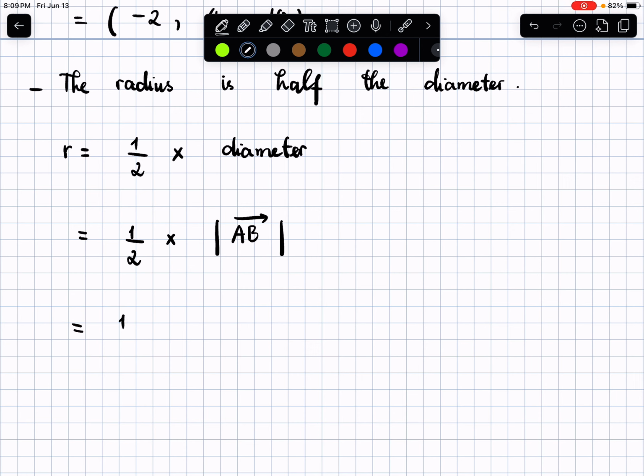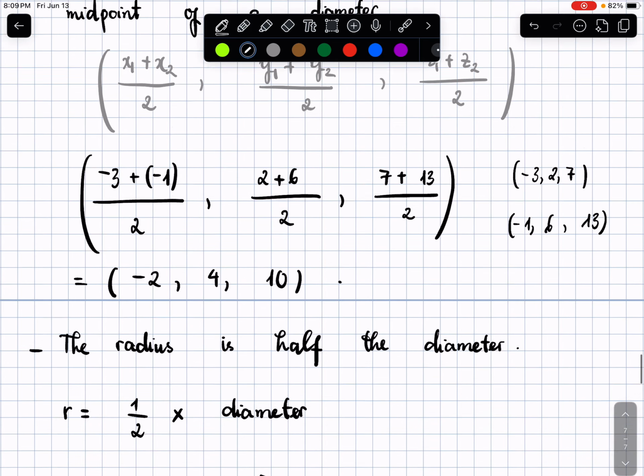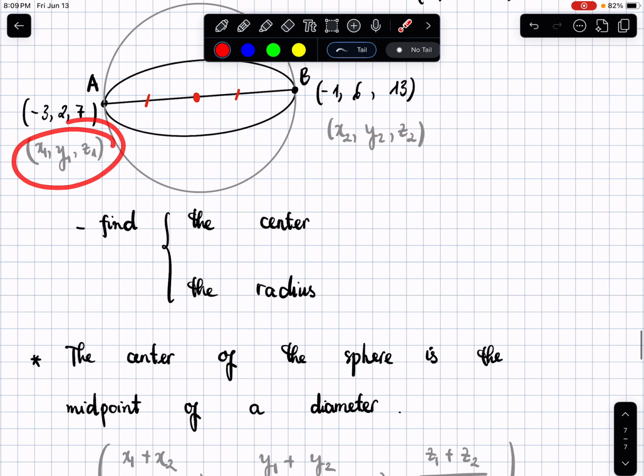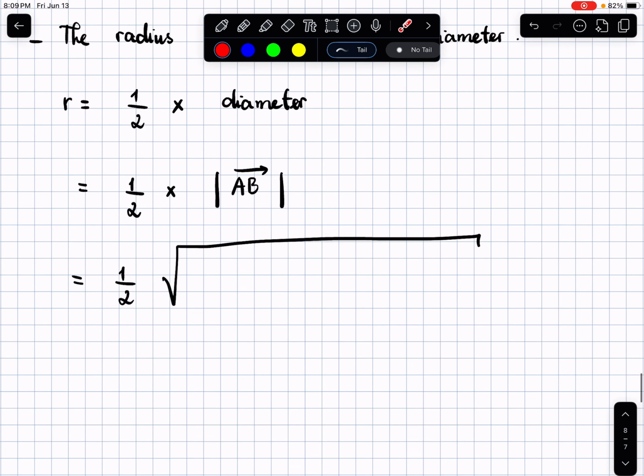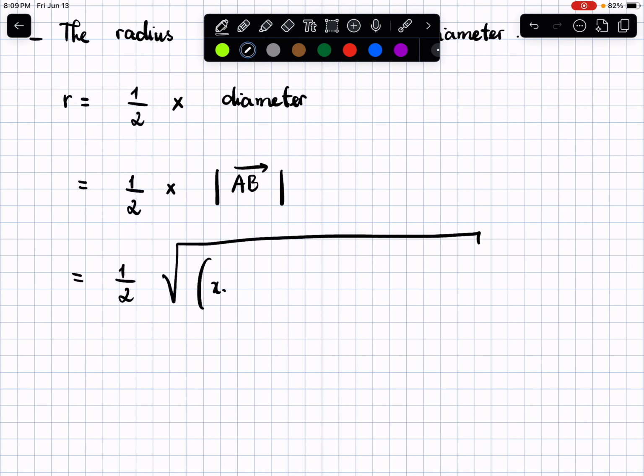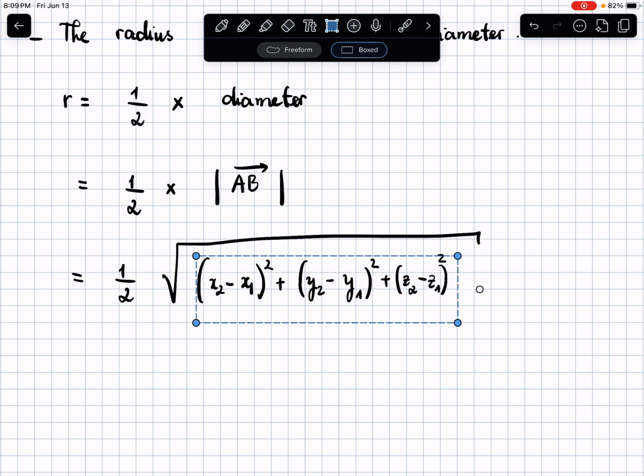Remember we have the formula of the magnitude of a vector. A has coordinates x1, y1, z1, B is x2, y2, z2. So that is the square root of x2 minus x1 squared, y2 minus y1 squared, z2 minus z1 squared. So this is the general formula.